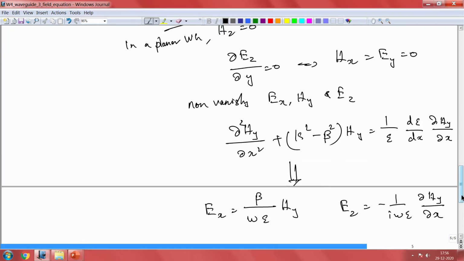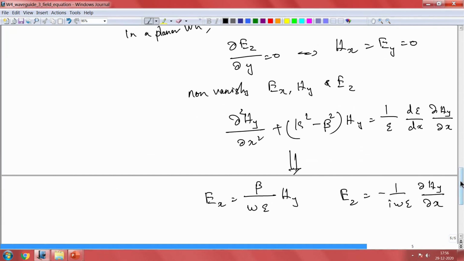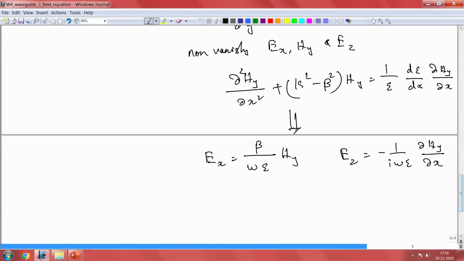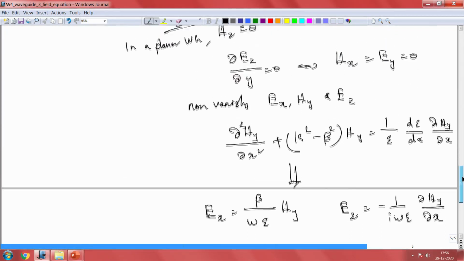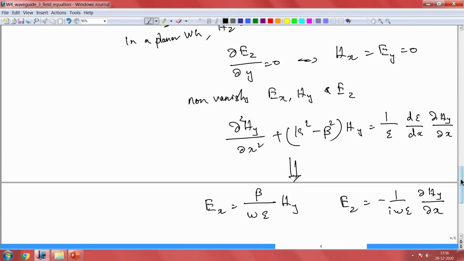So you can apply this into our earlier equations that we saw. We should be able to get these fields done. So now having these fields defined, this is how they are going to look, but we have to still find the modal solution, how the fields are going to look like.